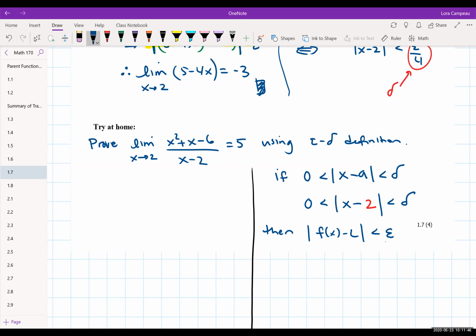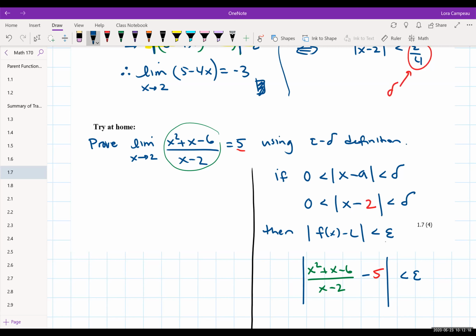All right. So if we remind ourselves what the f of x is, it's actually our argument of the limit. So I like to rewrite it, (x squared plus x minus 6) all over (x minus 2). If I subtract off what the limit's supposed to be, in our case, it's supposed to be a 5. That's supposed to be less than epsilon.